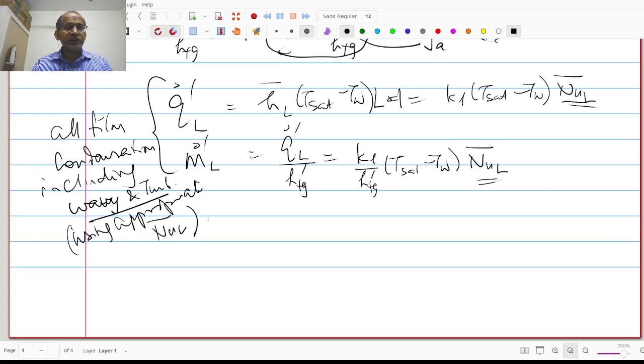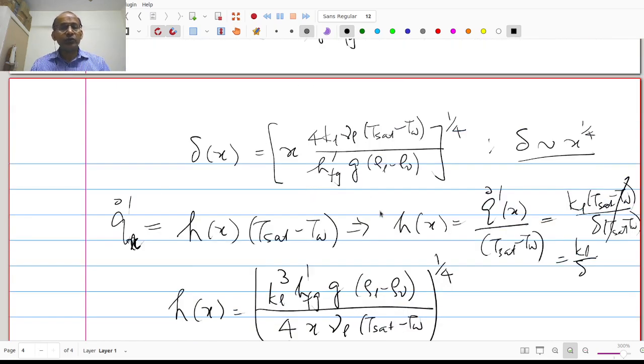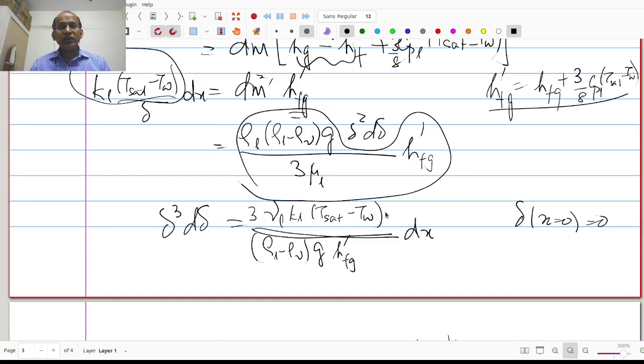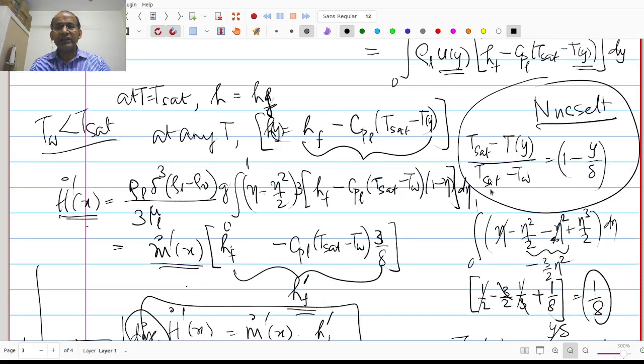So what is special about the Nusselt analysis? Let us just try to recall that. In the Nusselt analysis, the primary distinguishing feature is the assumption of a linear temperature profile inside the liquid film.